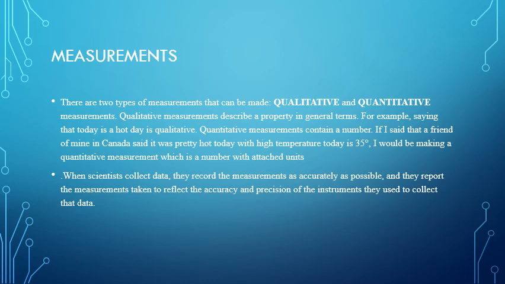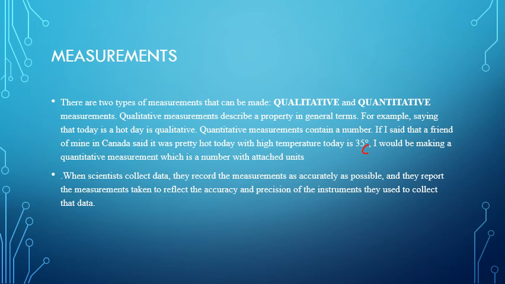But if I put the context of 35 degrees Celsius onto that measurement, now it would make a lot more sense by attaching a specific unit to my number. So in order to be a proper quantitative measurement, I need to have not only a number, but also a unit to give it meaning.